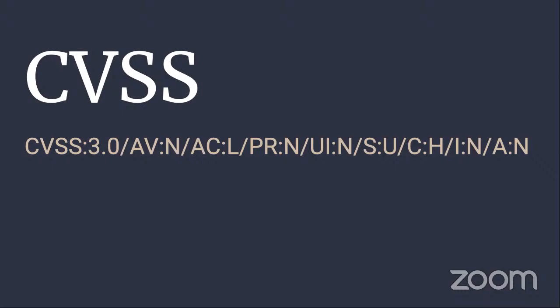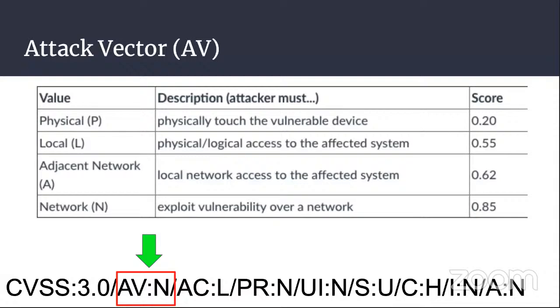So let's dive through it. AV, as you see shown here, is the attack vector. It describes how an attacker would exploit the vulnerability.